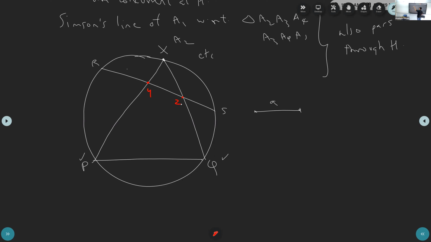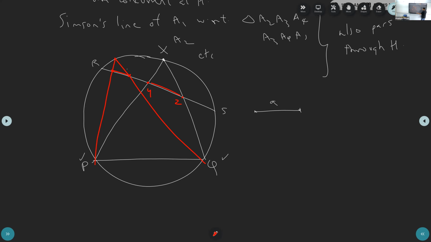Like if you change the position of point X, if you take the point X over here, then these points will also change. And so this line segment also keeps changing. Your task is to find the position of the point X such that this chord, this line segment, is of length A.